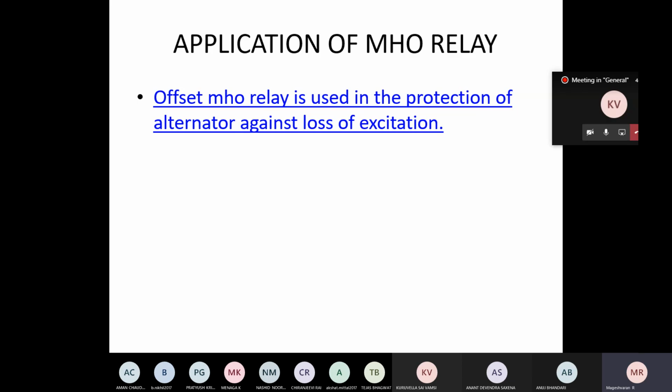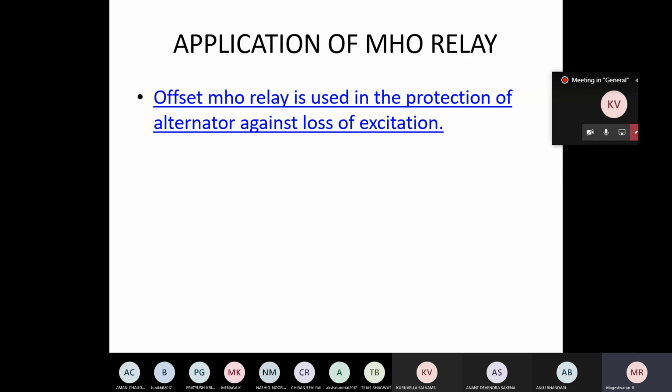This decrement in the impedance seen at the stator side can be utilized for sensing the occurrence of this abnormal operating condition, loss of excitation. By incorporating an impedance relay on the stator side of the alternator, we can easily check whether the loss of excitation has occurred or not.